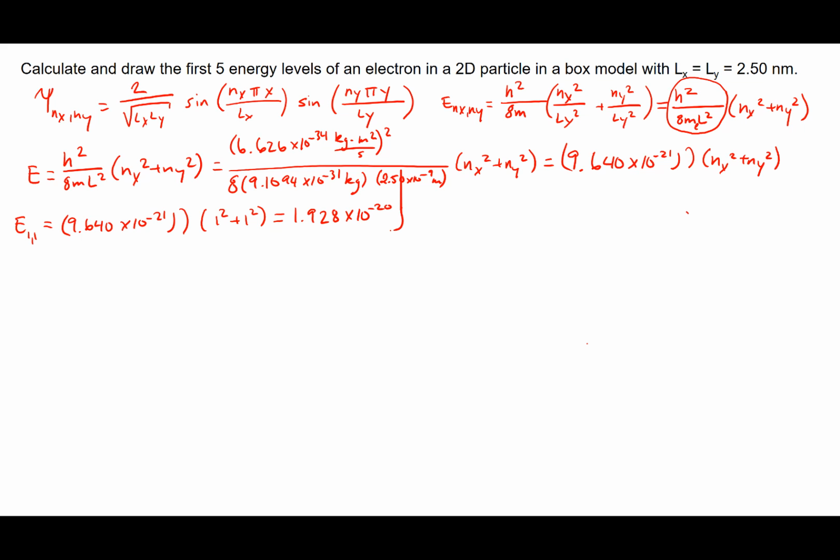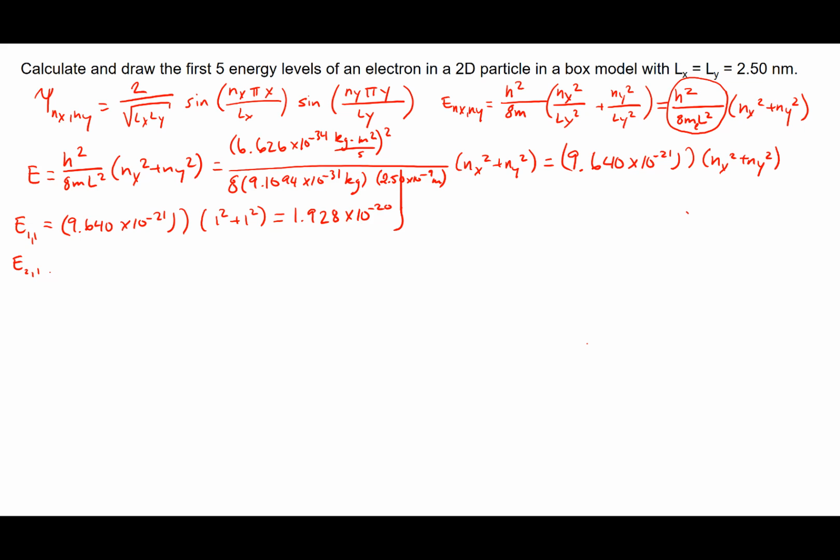We can tell that that's a different value than what we were getting for the 1D particle in a box. If you look at that video, or if you calculate that out for a similar box length, it's going to be double that. So that's really cool. The next energy level is actually a combination of two different ones. You can have the 2-1 combination, where nx is equal to 2 and ny is equal to 1, or the situation where nx is equal to 1 and ny is equal to 2.